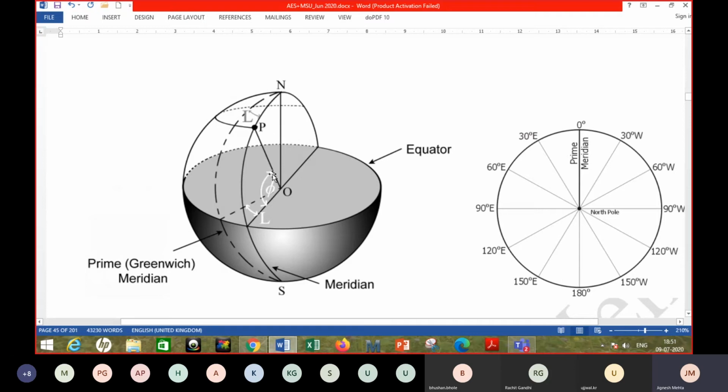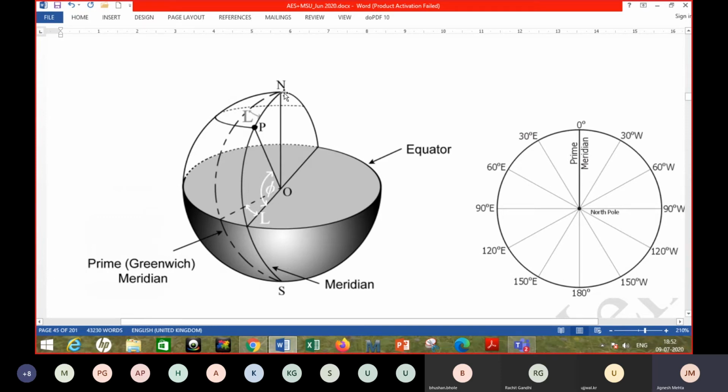If you join that point with the center of the Earth, you get a line, and this line is drawn to the equator. So the angle made by the line joining a particular place with the center of the Earth, with the equatorial plane, is nothing but the latitude of the place, right?